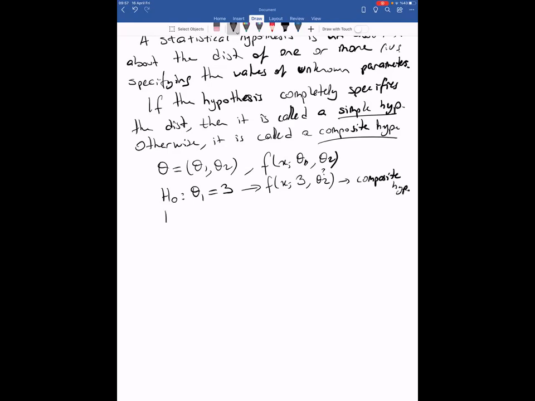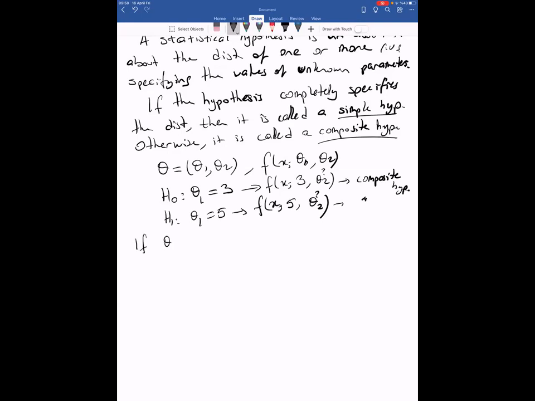Similarly, even if we state the exact value of theta 1, say 5, we don't say anything about the second one, so it's again a composite hypothesis.